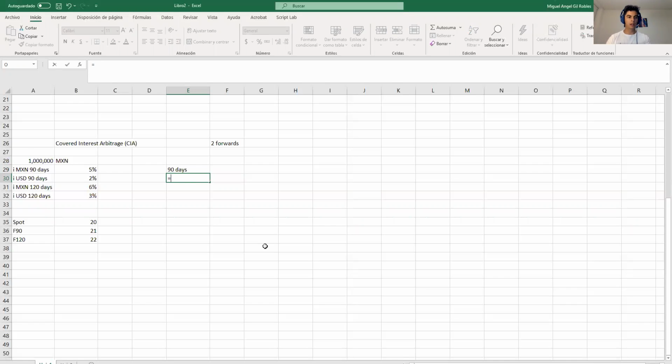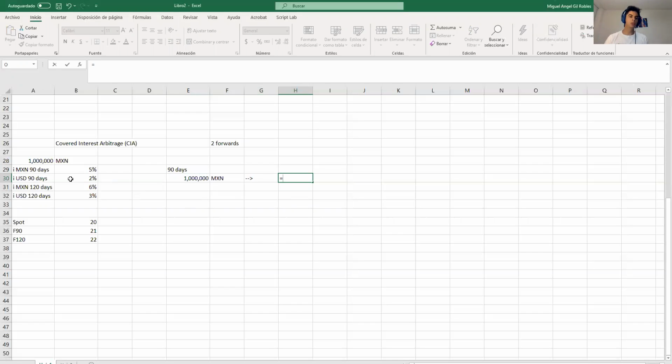So let's begin our exercise with 1 million pesos. That's how we start. And then the first thing that I need to do is to convert my pesos into future value. And I need to be careful because now I have two interest rates, right? One interest rate for 90 days and one interest rate for 120 days. Why is this? Because depending on the time frame that you're going to invest the money, it's going to pay you less or more.